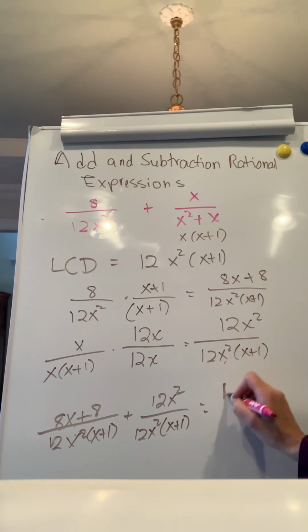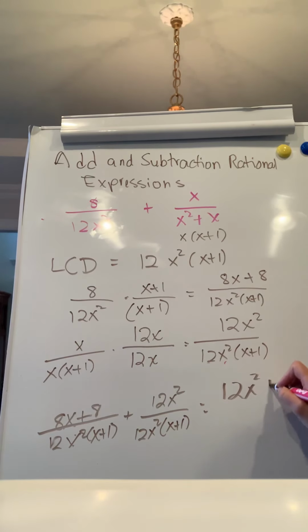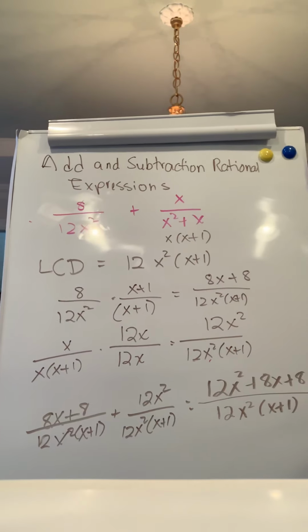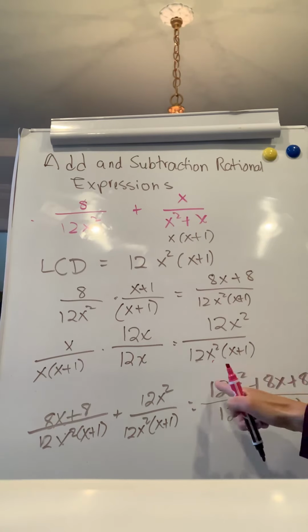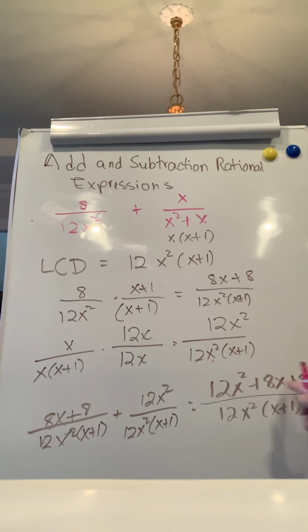So I get 12x squared plus 8x plus 8, if I write that in standard form with descending powers of x. All right, if I look at that, you can see that I can factor a 4 out of here.